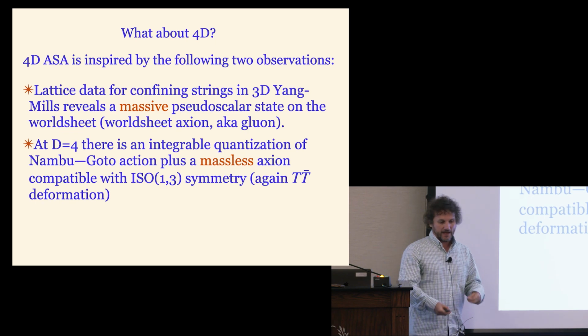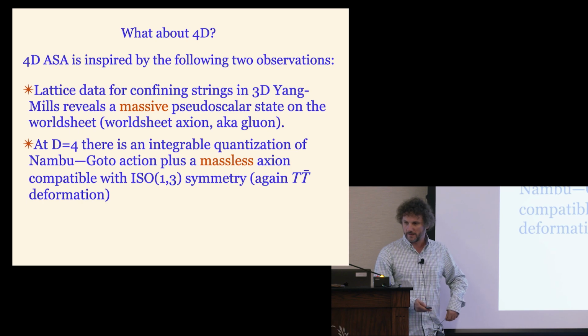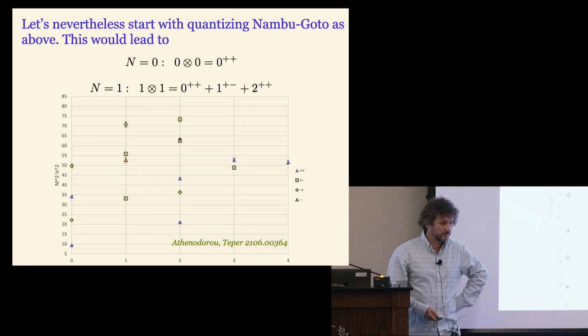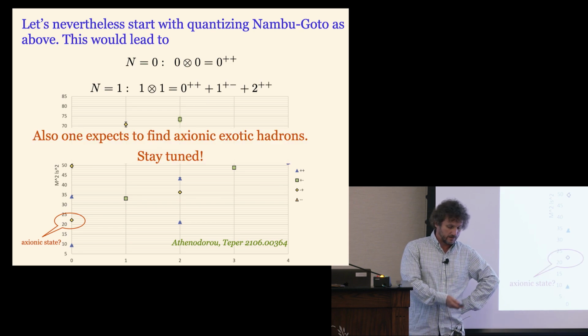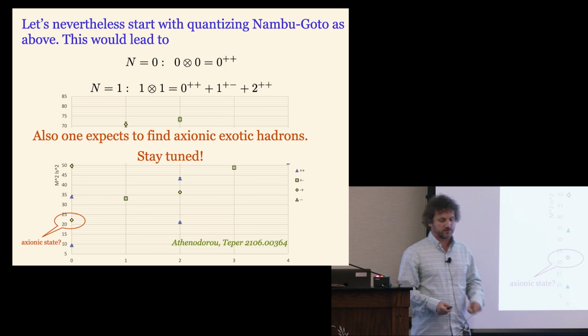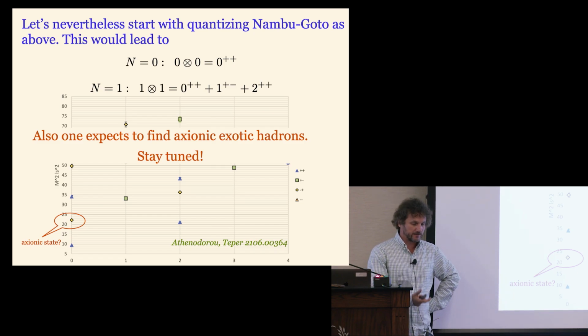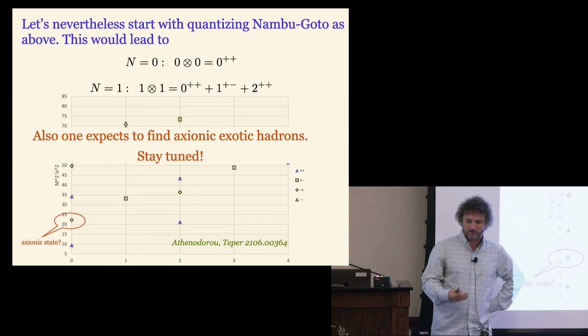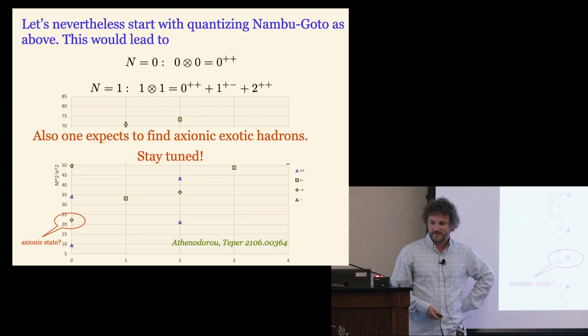Because of that, it's also interesting to look at open strings. Glueballs are of course also interesting, but there is still no direct experimental observation of gluons, to the best of my knowledge.